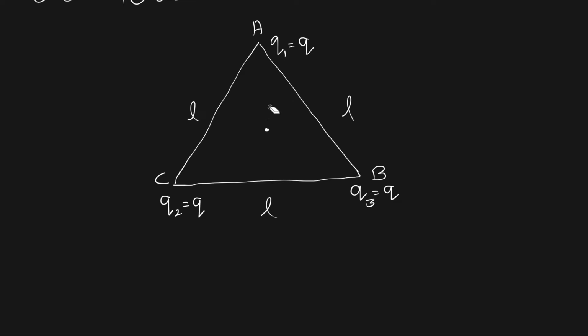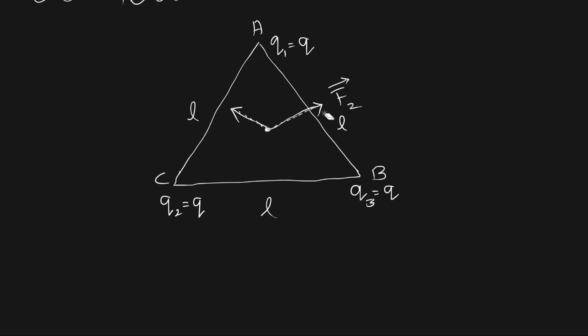For this, let's suppose the Q charge applies the force in this direction, and I give the name F1 vector for this force, and this force F2 vector, and the Q3 charge applies the force in this direction.